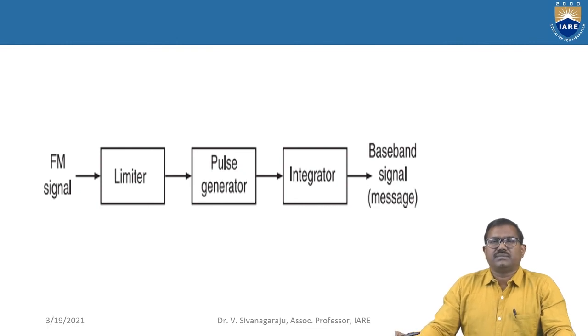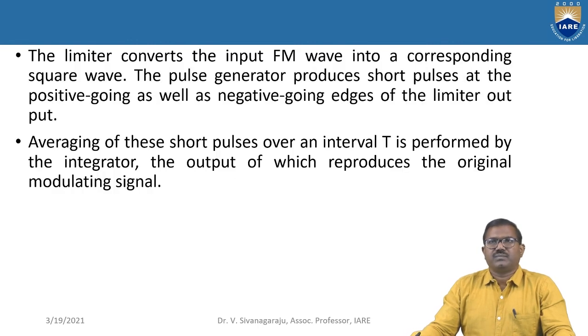So this is a block diagram to detect the message signal from FM, having a limiter, pulse generator, and finally an integrator. Now the limiter converts the input FM wave into the corresponding square wave.